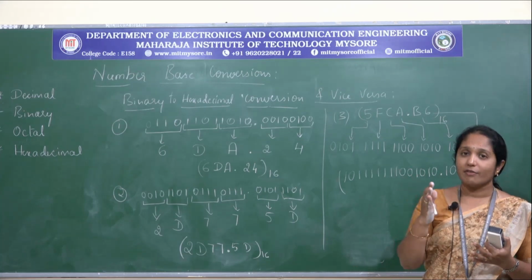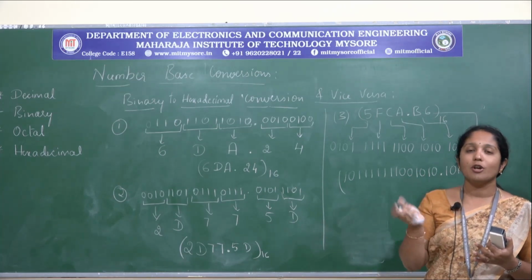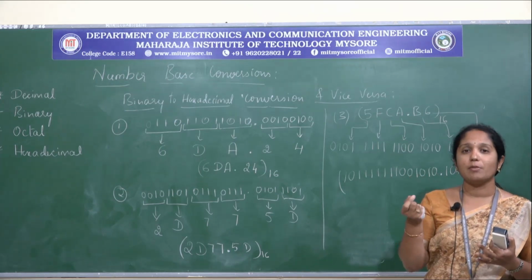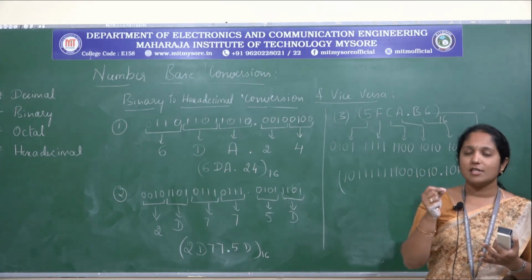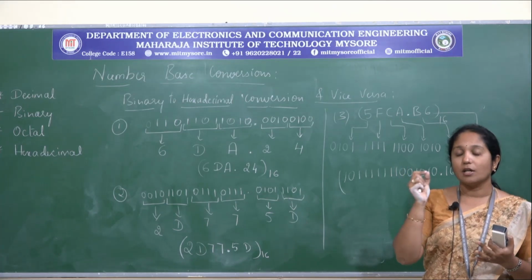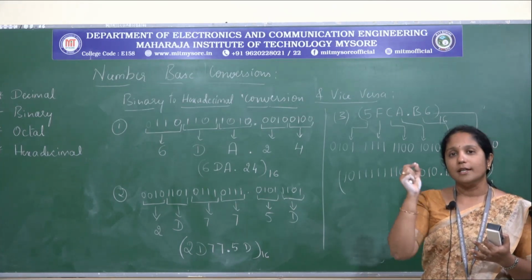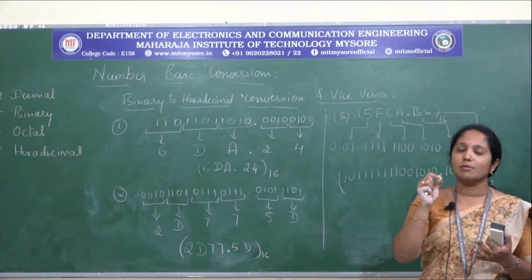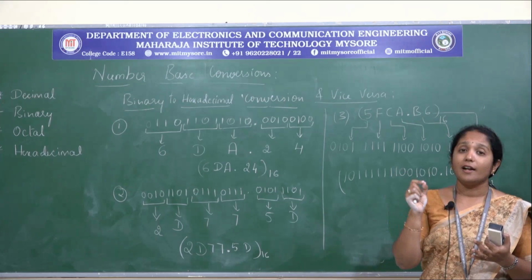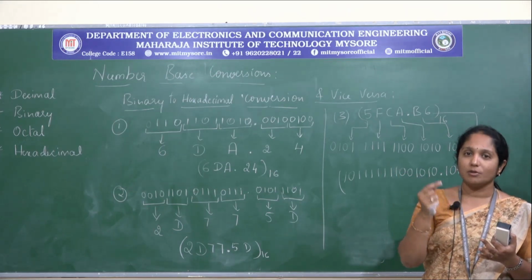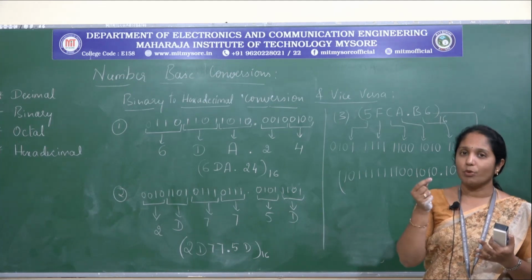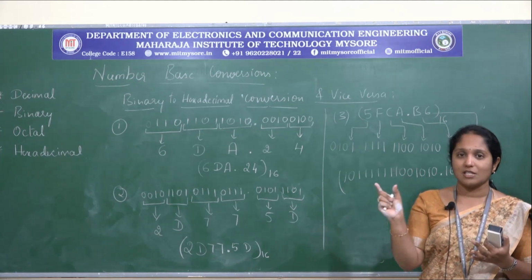And if you consider the fractional part, we need to multiply by 2, and at each and every step we need to write down the digit which is before the decimal point, either 1 or 0. Then while passing to the next iteration, we are supposed to consider only the fractional part.